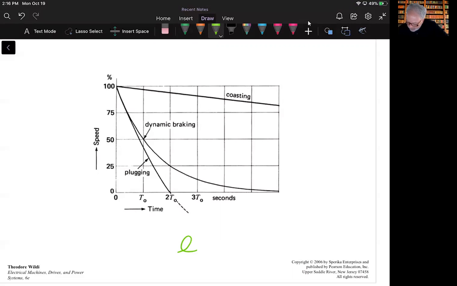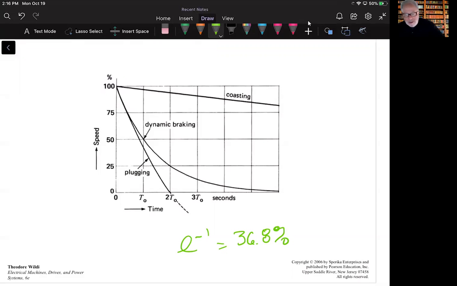After one time constant, the speed would be 36.8% of its initial value. Now, that is strictly speaking the universal time constant.